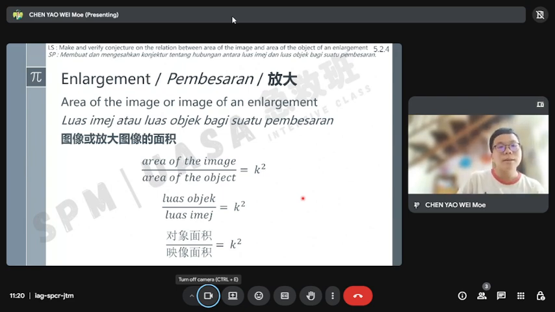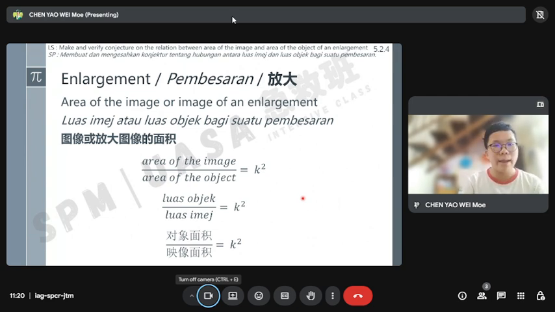So the scale factor must be multiplied by the same scale factor. This is how to find the area of the image or the object, given the scale factor. That is about enlargement.